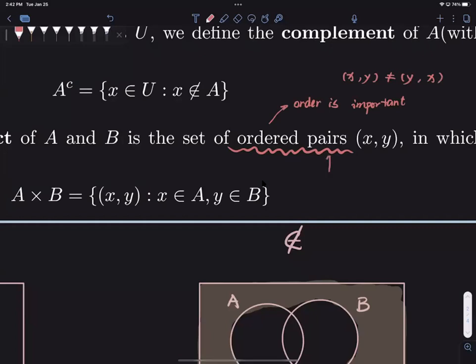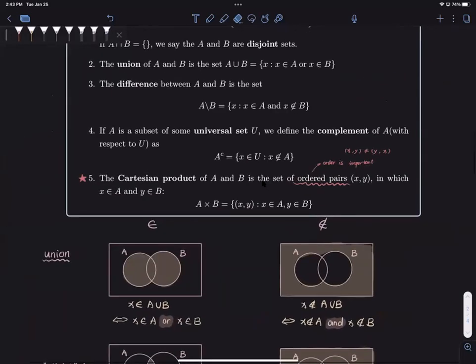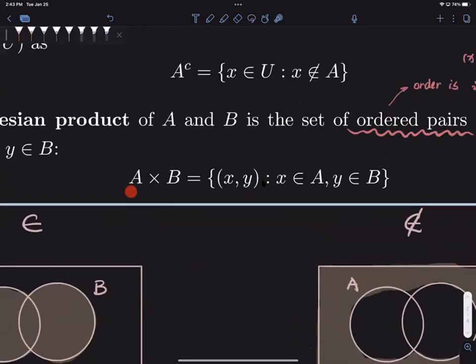Pairs means you have two numbers. So what's the definition? A Cartesian product B means you have ordered pairs xy where x is from A, y is from B.